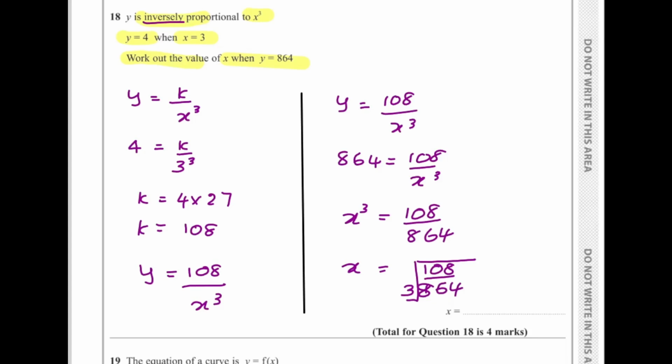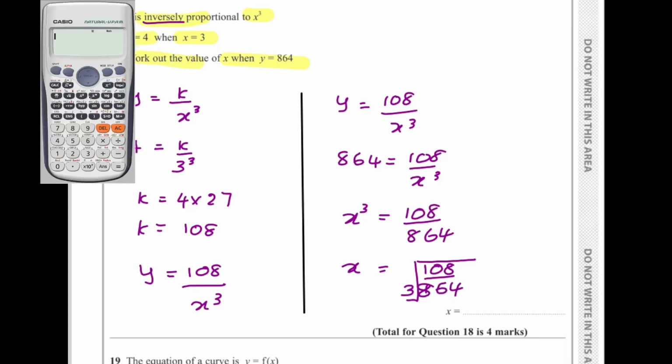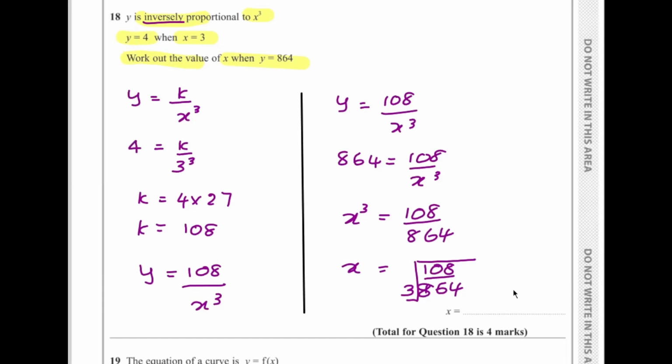So let's use the calculator and check what the value is. This is cube root of 108 over 864, which becomes half. So the answer comes as half.